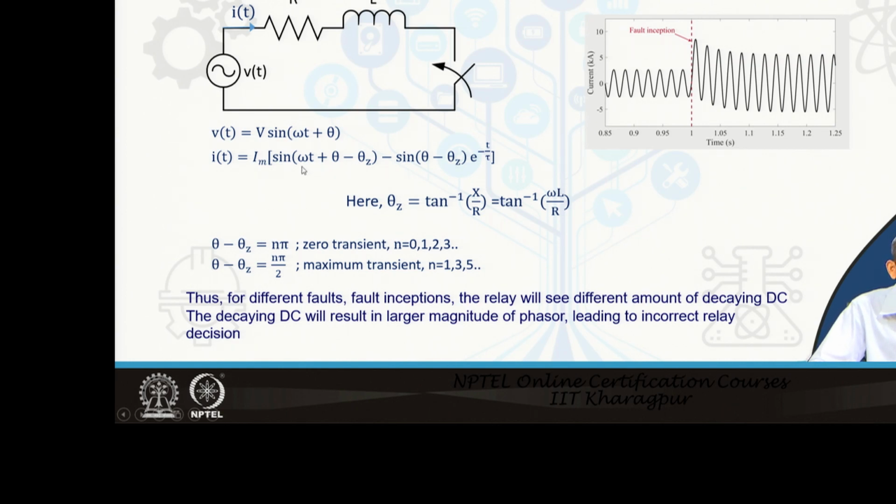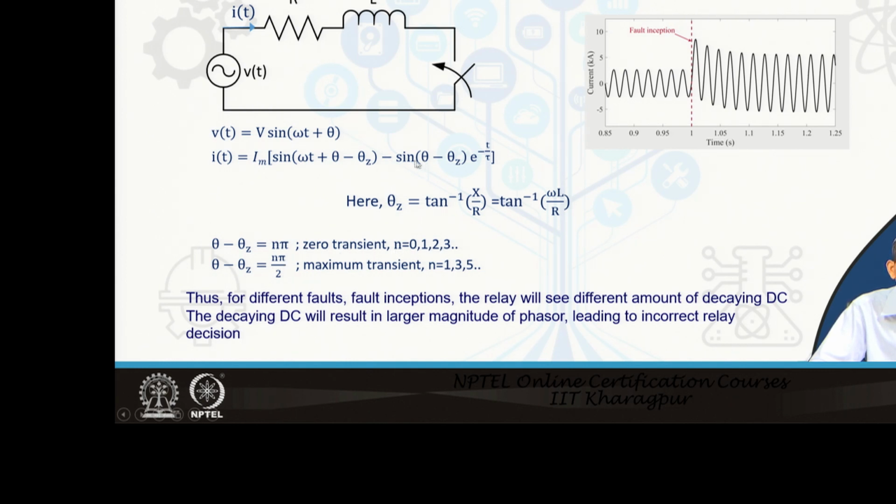Here we will see how this component becomes influential. If theta minus theta z is n pi, then sin of it becomes 0. So, there is no transient, only the sinusoidal current signal, with no decaying DC. Here n is 0, 1, 2, 3, so this becomes 0.